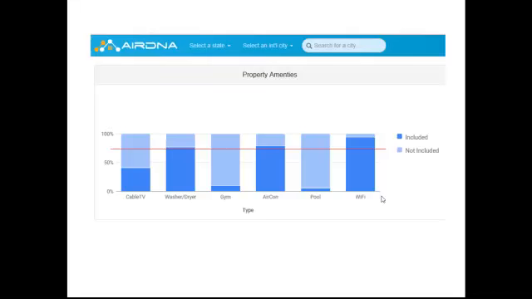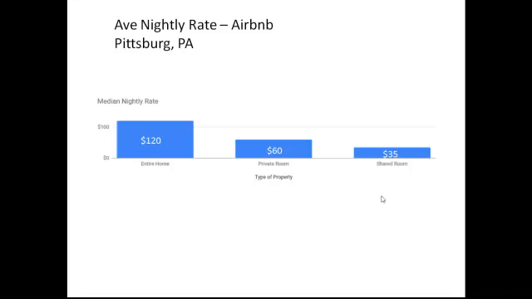I think that is something you need to have in your offering as well. So in this case, we have a washer and dryer, air conditioning, and Wi-Fi. Those things are pretty much a must-have to be competitive, at least in Pittsburgh.